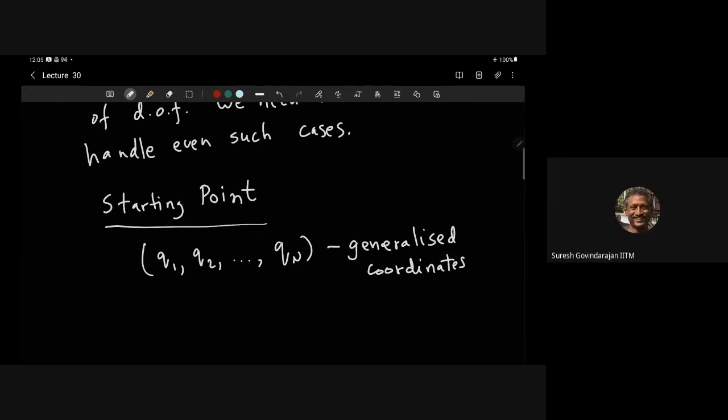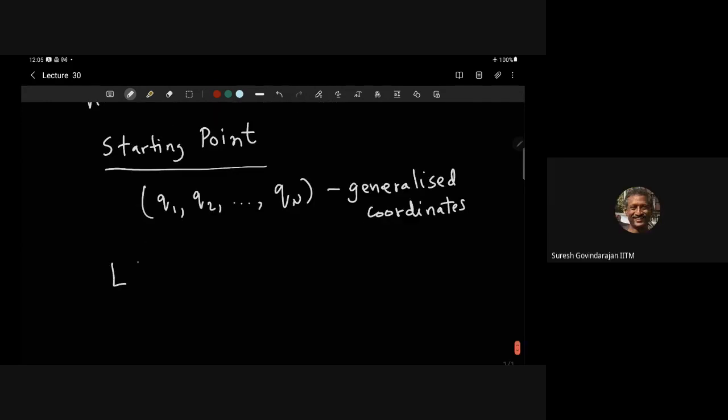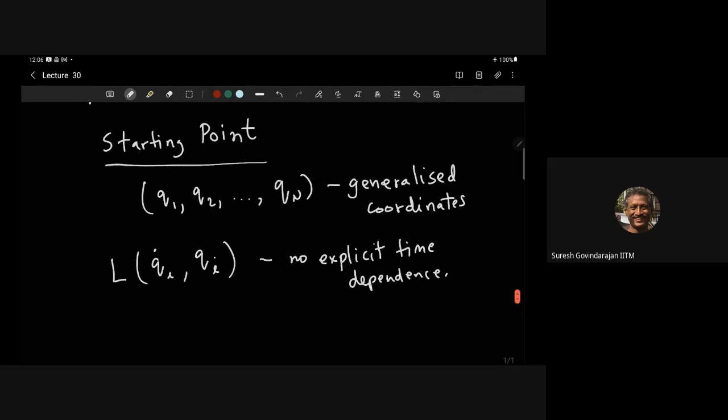And there is some Lagrangian, which is a function of the Qi dots and the Qi's. Let's forget about explicit time dependence. We'll make these assumptions.